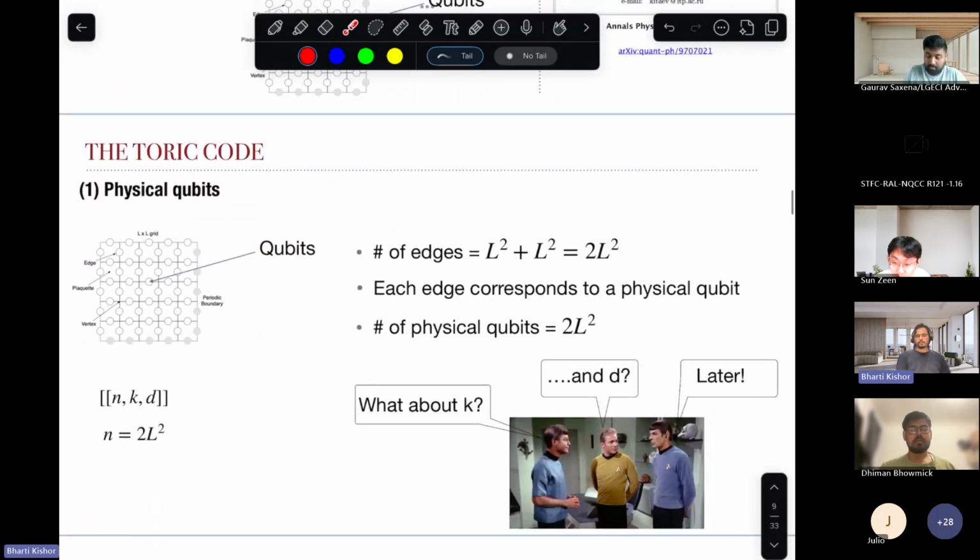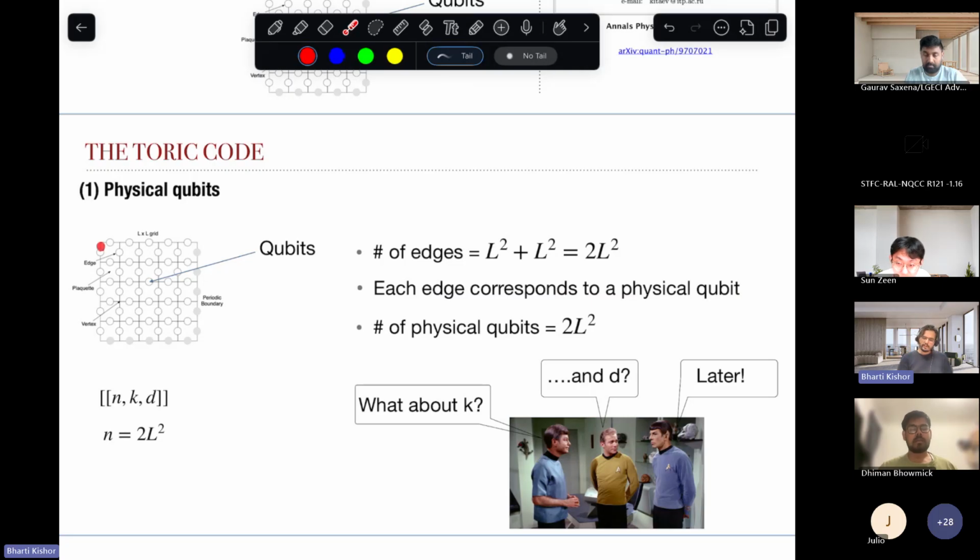So let's say, for the toric code, we try to study it within the stabilizer formalism. We will try to see what are N, K, and D for the toric code. So we take an L cross L grid, and each edge corresponds to a physical qubit. So how many total physical qubits do you have? The number of physical qubits will be the number of edges.